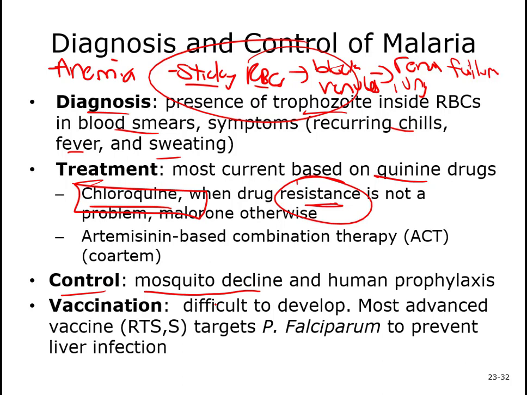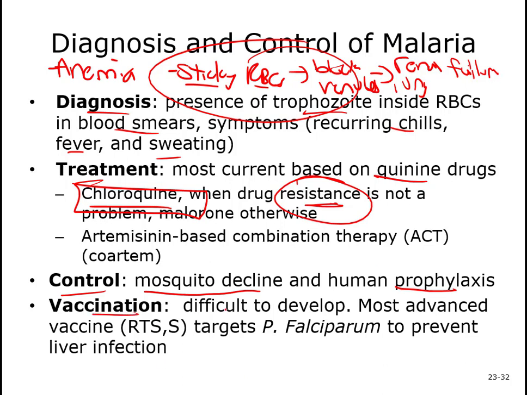We're using nets to block the mosquitoes, especially while sleeping, using insect repellents, using those prophylactic drugs to try to prevent Plasmodium infection. Now they're trying this new thing where they actually genetically engineer the mosquitoes to try to make them resistant to Plasmodium, and they're hoping that the mosquitoes will transfer their resistance to the wild mosquitoes.